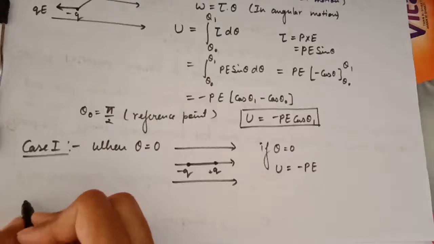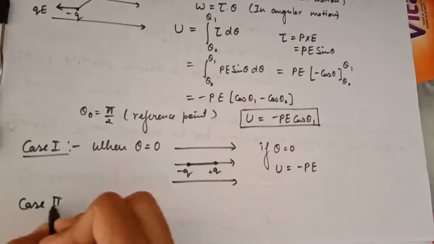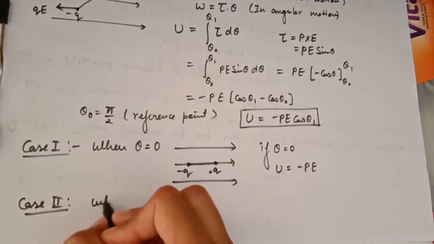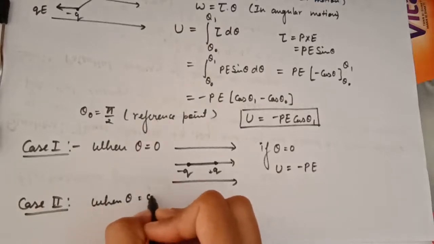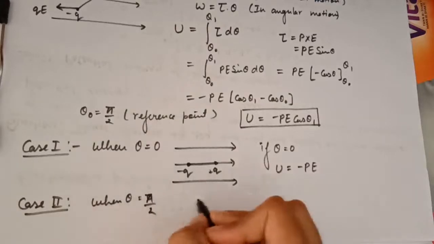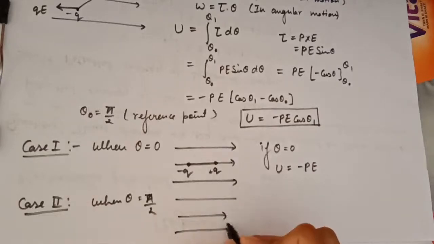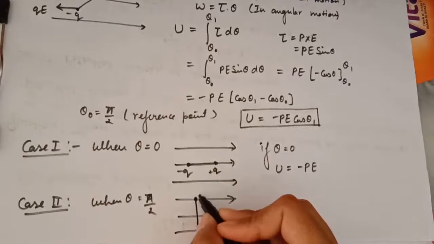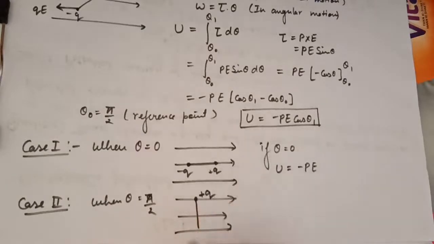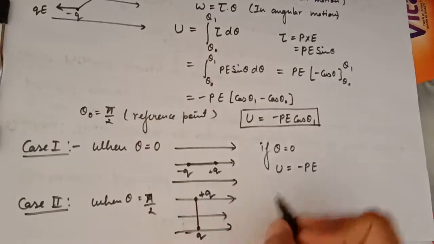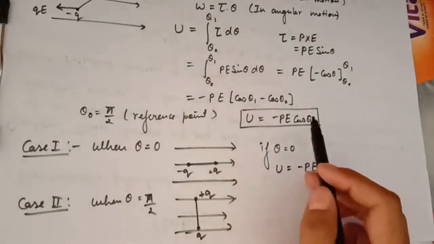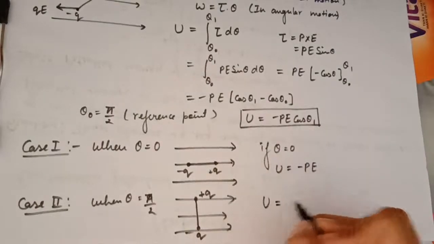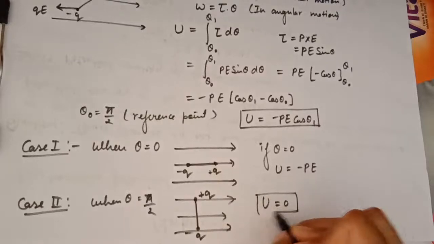Next, we will take case number 2, when theta is equal to pi by 2. When theta is equal to pi by 2, the dipole will be like this. This is plus Q, this is minus Q. So in this case, if we put theta equal to pi by 2 here, then U will be equal to 0.